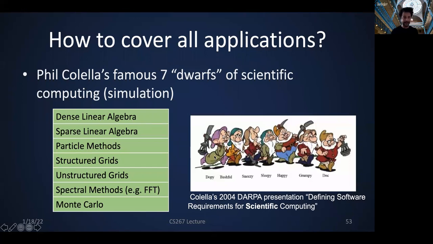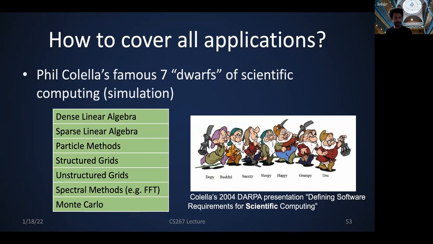So this started with Phil Colella, who I think is Professor Emeritus now, used to be at the lab. He also retired from the laboratory as well. He gave this talk, never published about it. He talked about the 7 dwarfs of scientific computing in a DARPA presentation. He actually was talking about simulation only at the time. Remember, this is almost 2 decades ago.